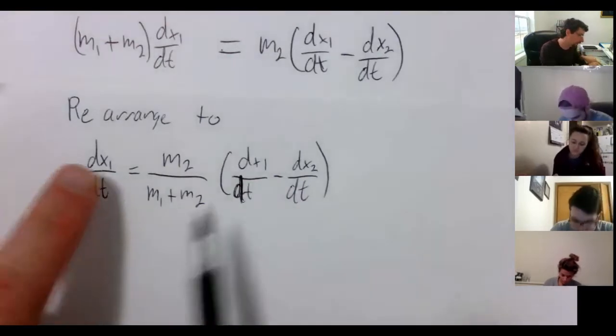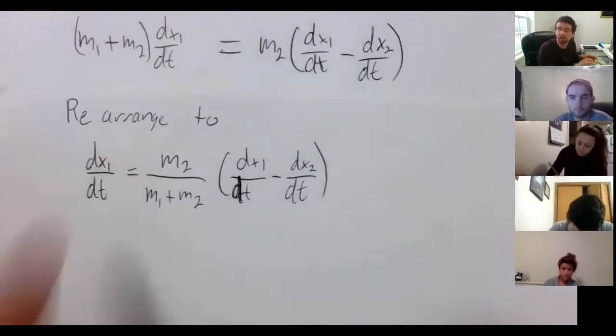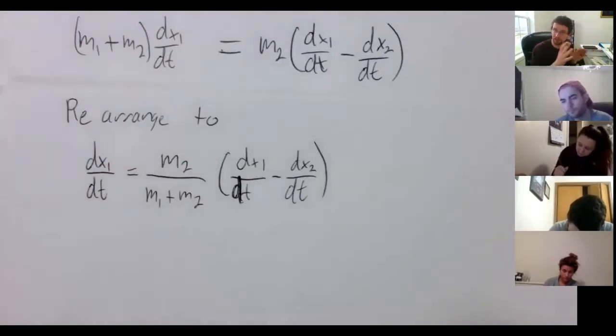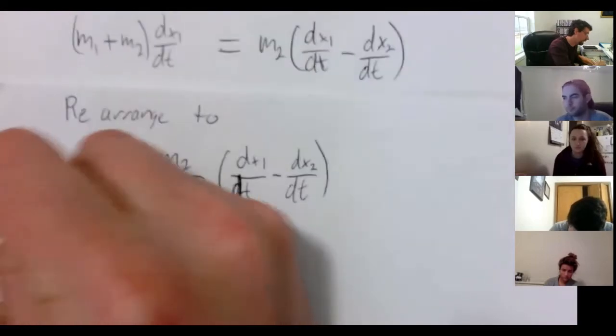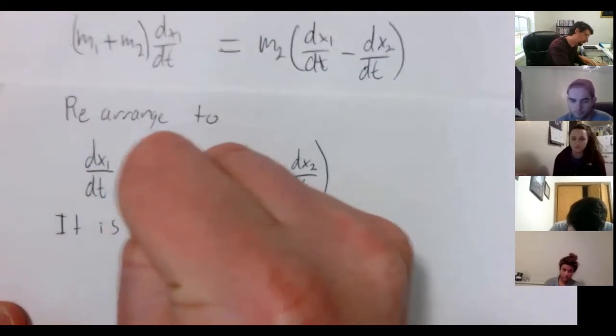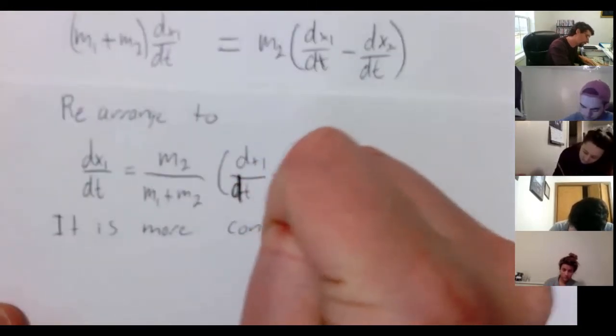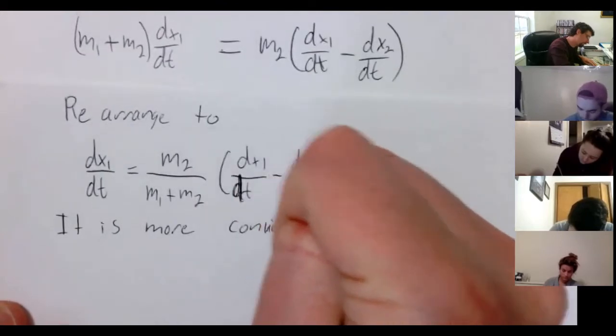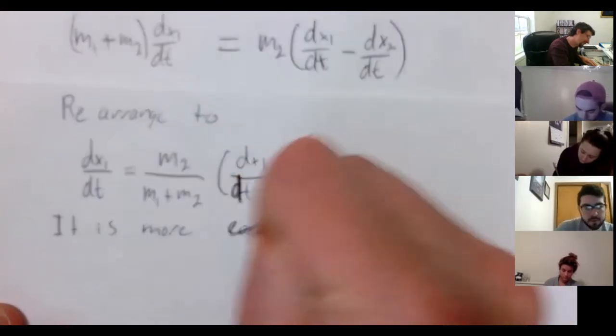So these are some points in space, but if we set a different arbitrary point, we can make our lives a bit easier. So it is more convenient, butcher that word.